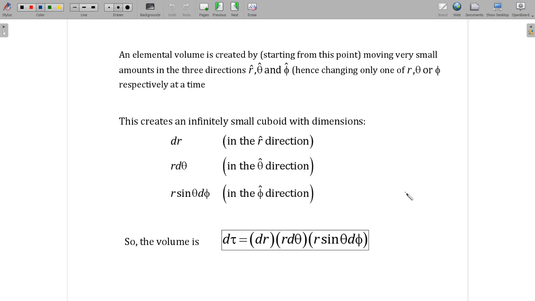Those three operations are independent, because those three directions are perpendicular, and also because the distances that you're moving are extremely small.